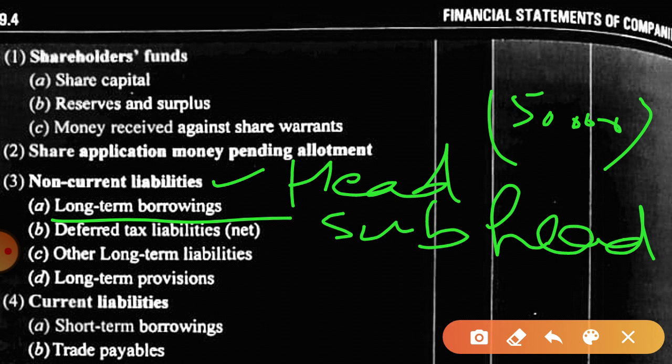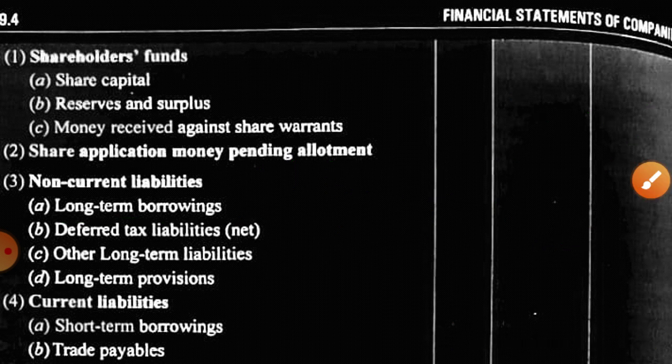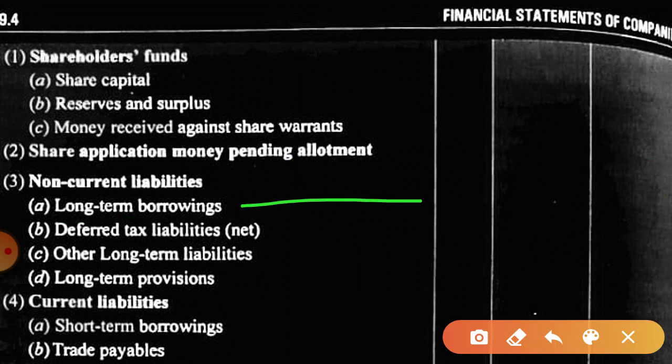Like bonds, debentures, long term loans from bank or from a third party, deposits such as fixed deposits, public deposits, etc. That means when all the items are given, we will add them and write the total here. Is this clear? In this column for the current year.